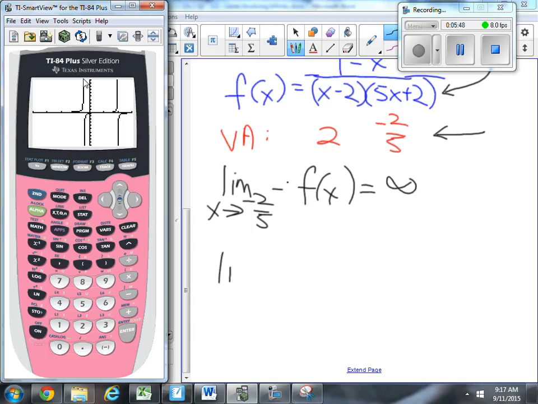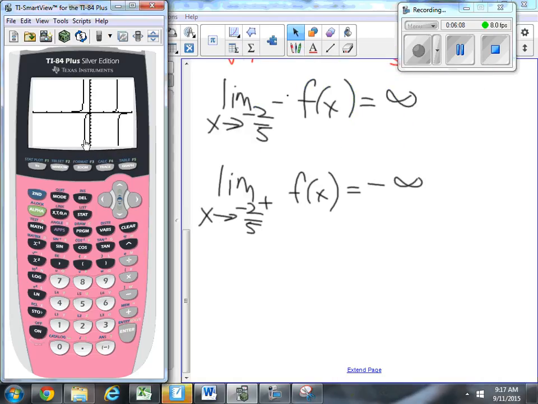And my limit as x approaches negative 2/5 from the positive side of f of x, it looks like it's negative infinity.